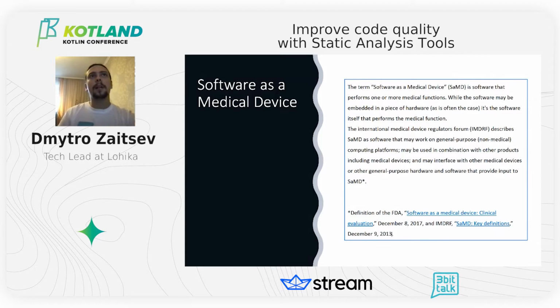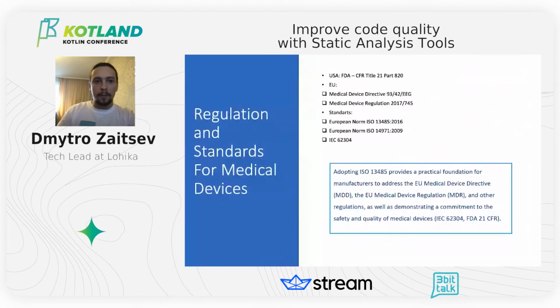Software as a medical device means that it's software that performs one or more medical functions. It can be directly integrated in a piece of hardware, or be software that just pretends that it performs a medical function, like a remote control. It's very interesting. There are regulations and standards for medical devices.